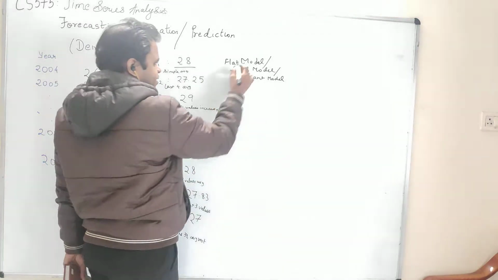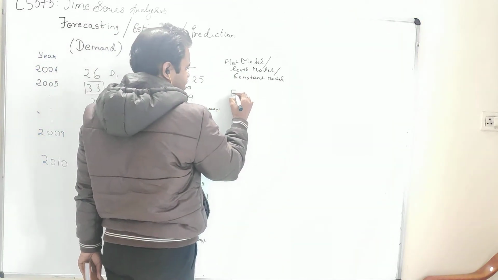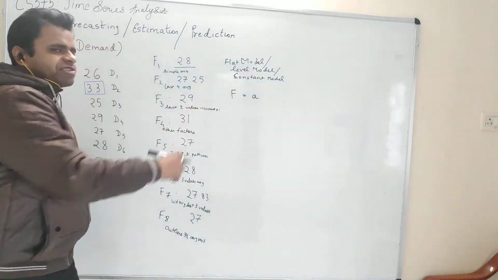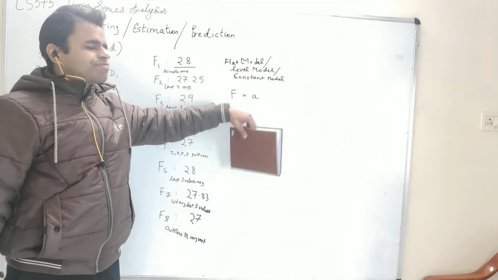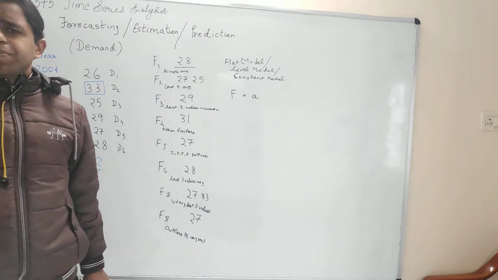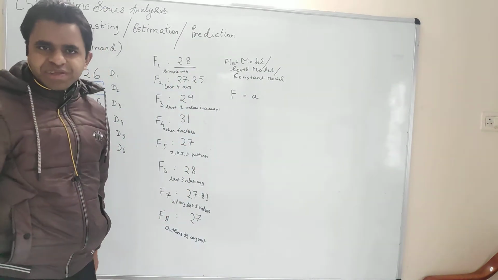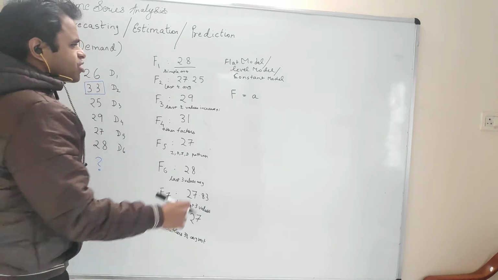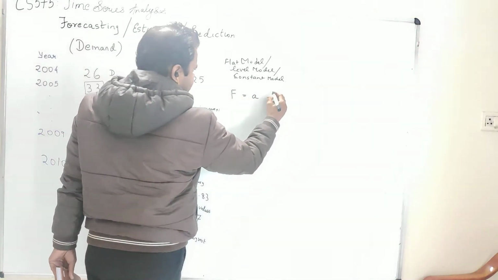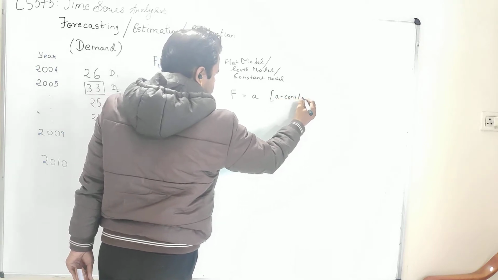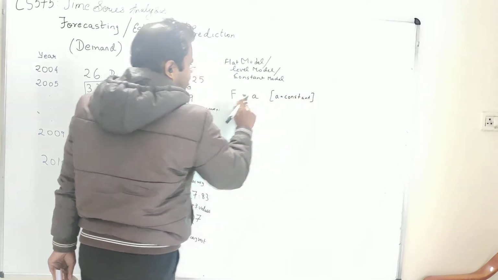Since it's a constant model, I may have F equal to A. F is my model and A is my predicted value. A can be any of the models that we discussed in the previous class. Here A is a constant.